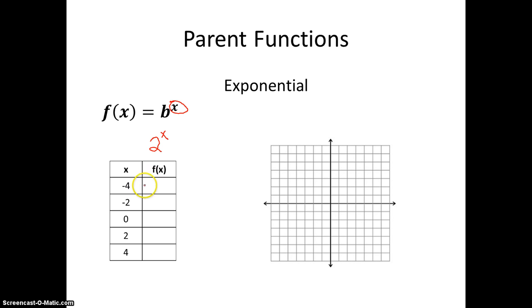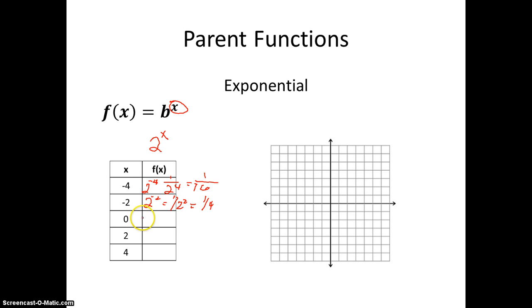So 2 to the negative 4. If we know our rules, that gives us 1 over 2 to the 4, which equals 1 over 16. Negative 2 is 2 to the negative 2, which equals 1 over 2 squared, which equals 1/4.